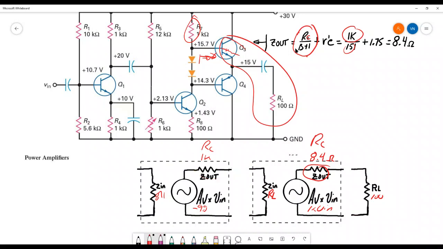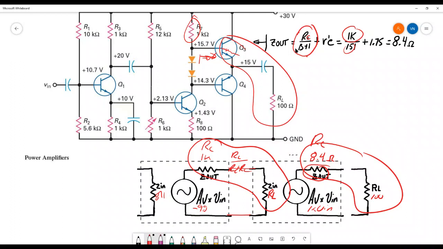If you look close, what you might recognize is that here's a voltage divider between RC and RL. This is RL over RL plus RC. And this voltage divider is also RC over RC plus RL. So that voltage divider is in there twice.